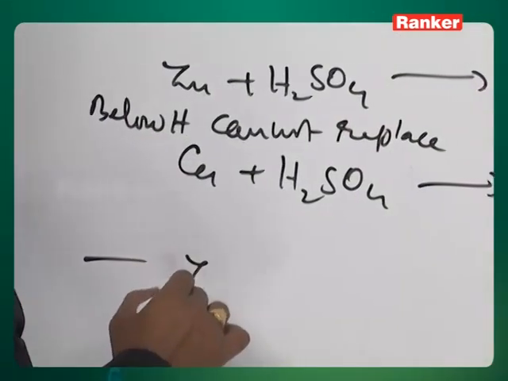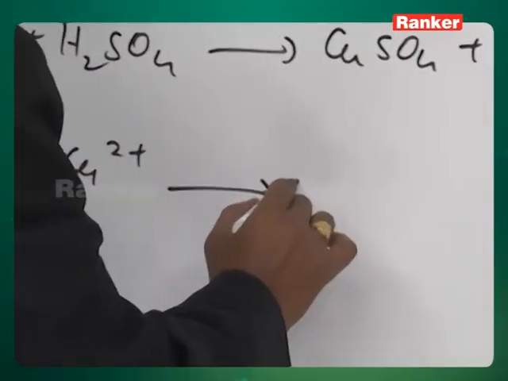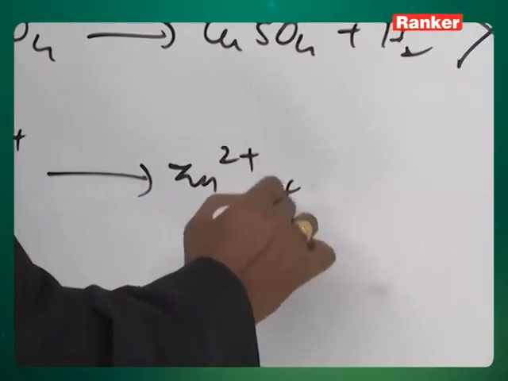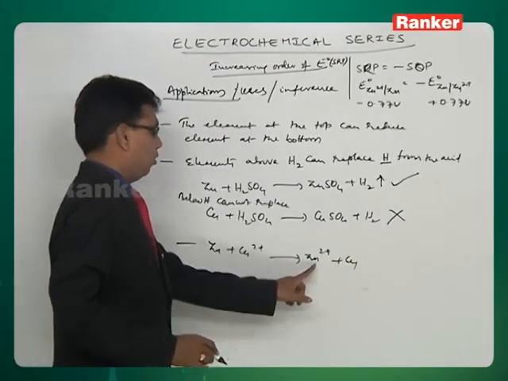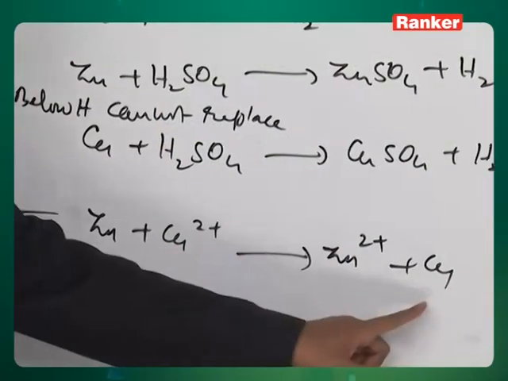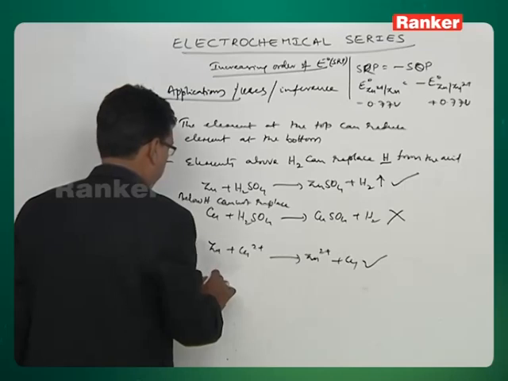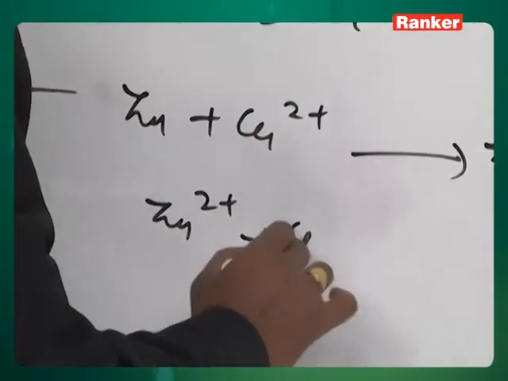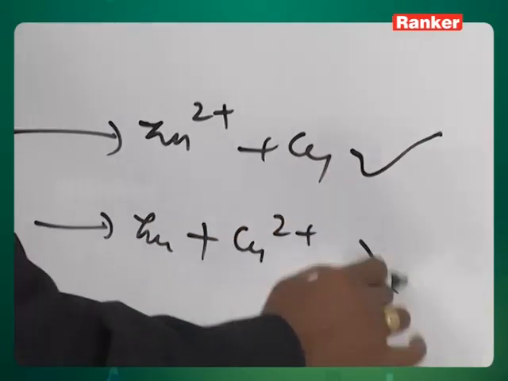And also, as we wrote, the element at the top can reduce the element at the bottom. So, Zn plus Cu2 plus, this reaction is possible, giving Zn2 plus plus Cu. The element at the top will undergo oxidation and reduce the ion to metal; this is possible, but the other way around, Zn2 plus plus Cu to Zn plus Cu2 plus, is not possible.